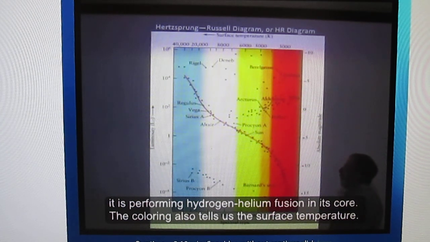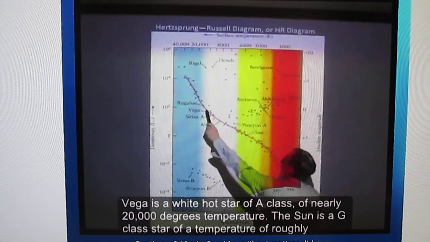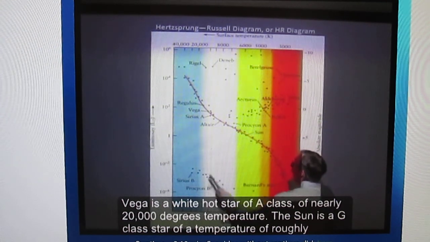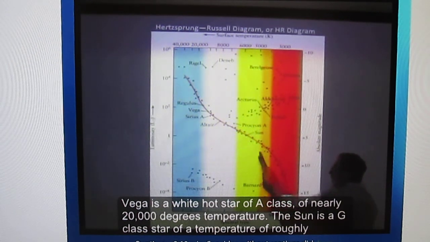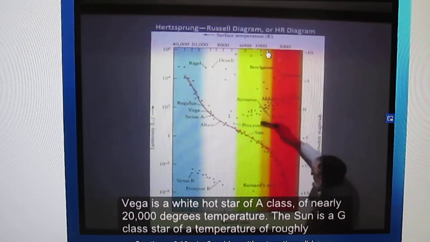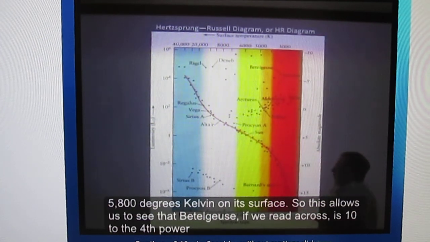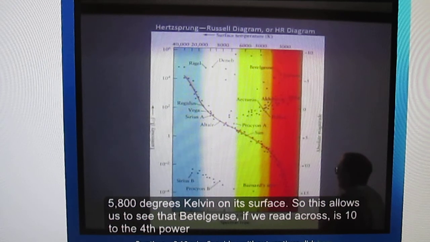The coloring also tells us the surface temperature. Vega is a white-hot A-class star of nearly 20,000 degrees temperature. The Sun is a G-class star with a temperature of roughly 5,800 degrees Kelvin on its surface.